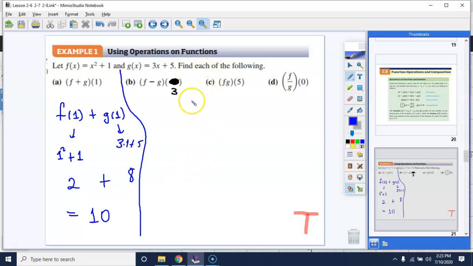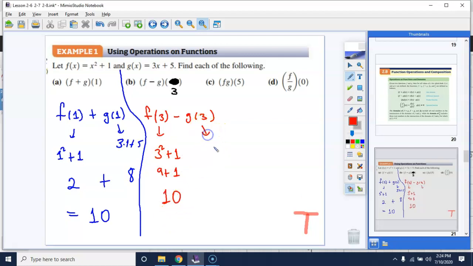I'm gonna do the same thing on b, f minus g of 3. So I'm gonna find f of 3 first, and then I'm gonna find g of 3, and then I will subtract them. So to find f of 3, take this 3, go to f function, plug in here. So it should be 3 squared plus 1. So this should be 9 plus 1, so it should be equal to 10.